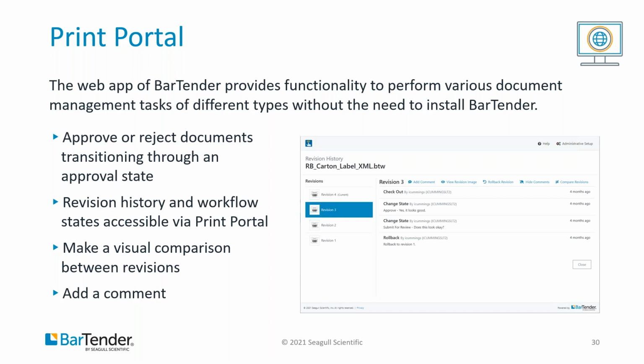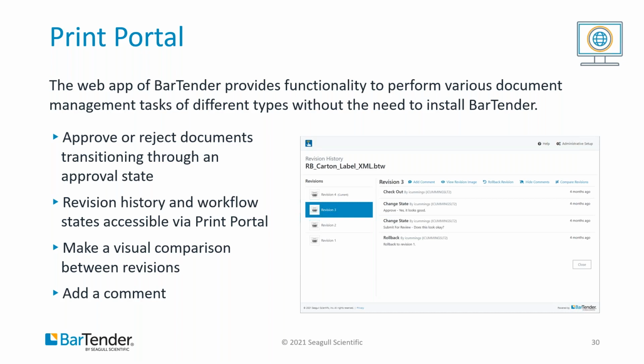So a limited set of functions can be executed in Print Portal. And of course, the beauty of Print Portal is that it is not necessary for the user to have BarTender installed on their particular PC. So they can perform these functions even if BarTender is not something they would ordinarily use.